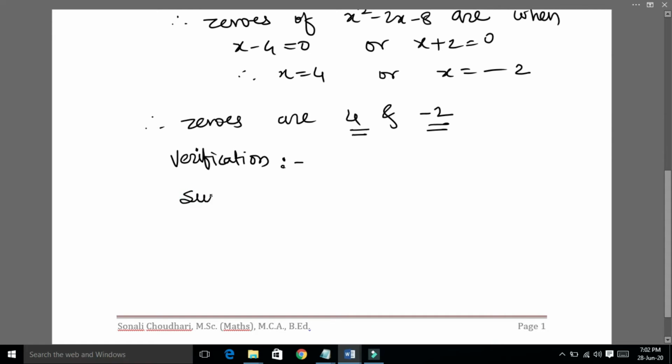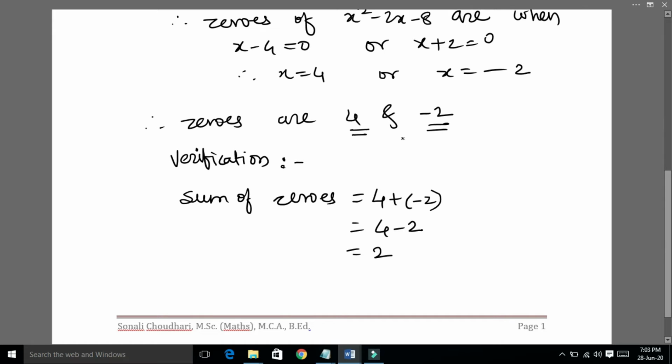So sum of zeros is equal to, we actually do the addition of the zeros, that is 4 plus minus 2. So plus minus become minus, so 4 minus 2 is 2. Now this is the value for sum of zeros by actually performing the addition of these two zeros.